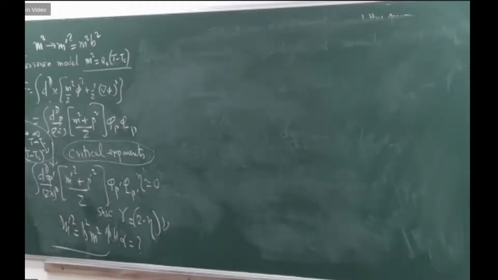So what we now want to do is look at how alpha gets related to this nu before we go ahead and find the nu for this Gaussian model.